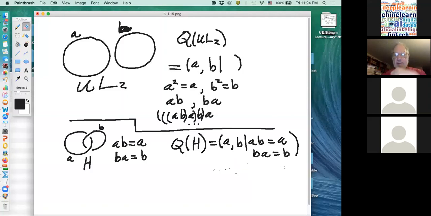And again, we're getting many elements. This one is generated by A and B with no relations, and this one has relations in it.